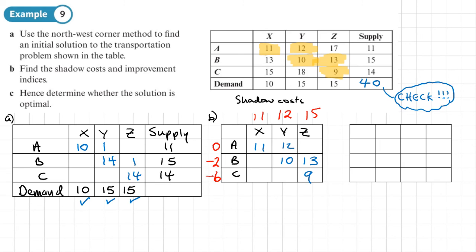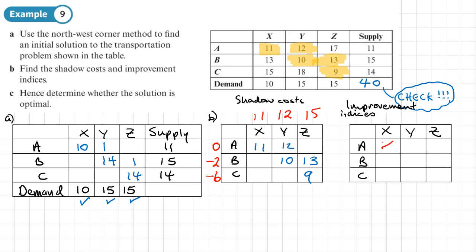So now I work out my improvement indices. This table is going to look very similar to the shadow cost table. So X, Y, Z, A, B, C. And I'm only interested in the costs of the cells that I haven't used. So the cells that I have used, I'll just put a big red X in them.